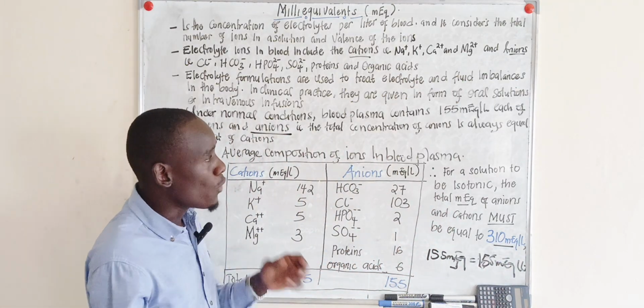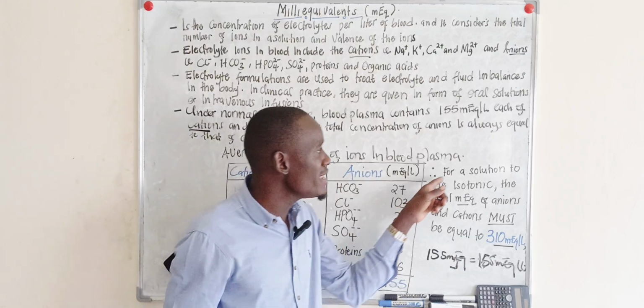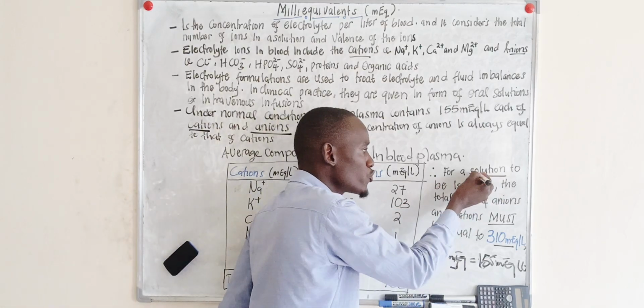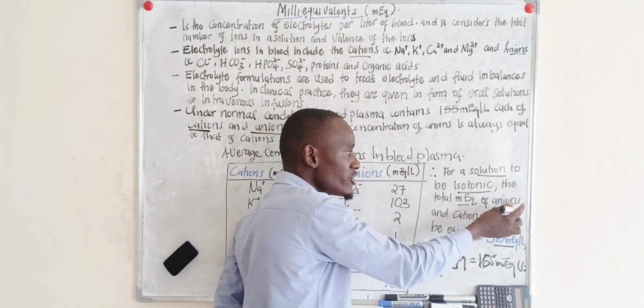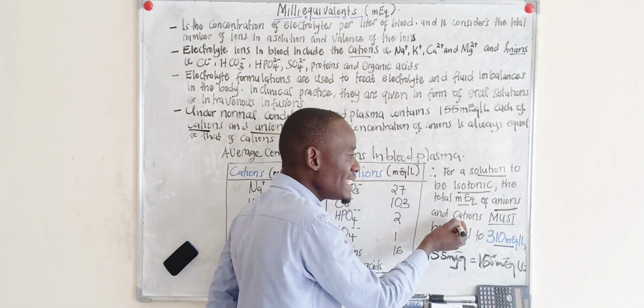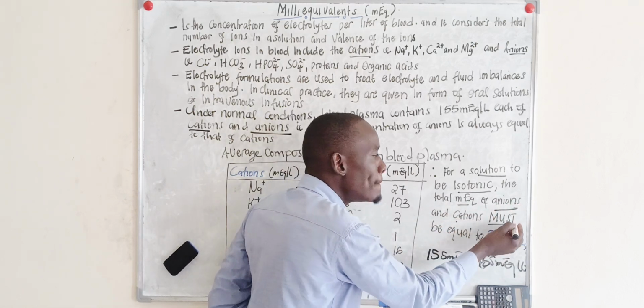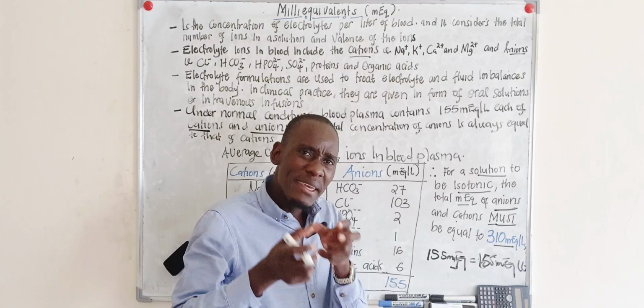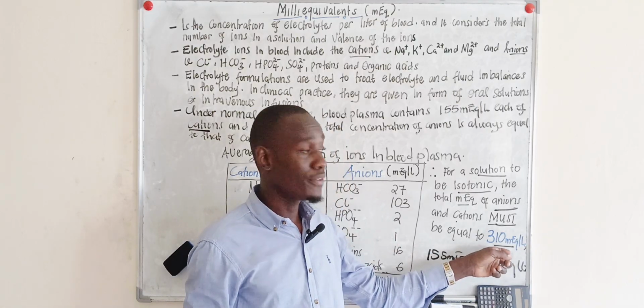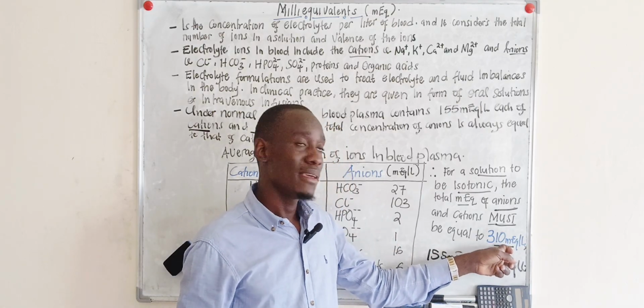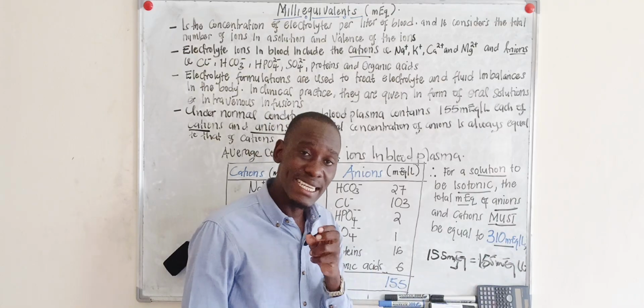So what does that mean? That means that for any solution to be isotonic, the total milliequivalents of cations and anions must, we are using the word must because it must always be equal to 310 milliequivalents per liter of blood.